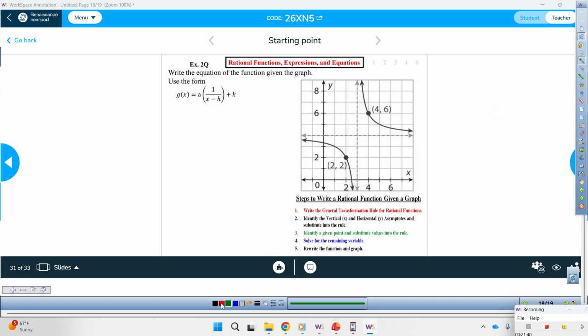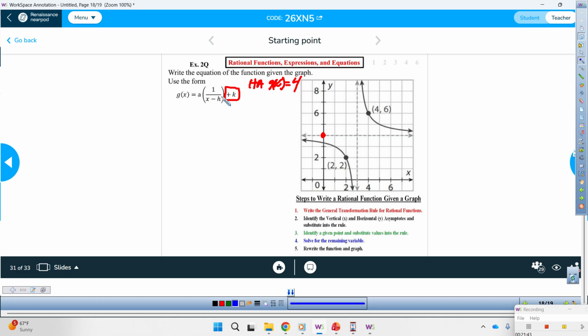Let's go with, I'm going to take a volunteer. Let's go with Julian. Okay, Julian. First of all, we need k, or our HA, which is g of x. What is that? 3. Let's check. 1, 2, 3, 4. Okay, that one's 4, which is right here.